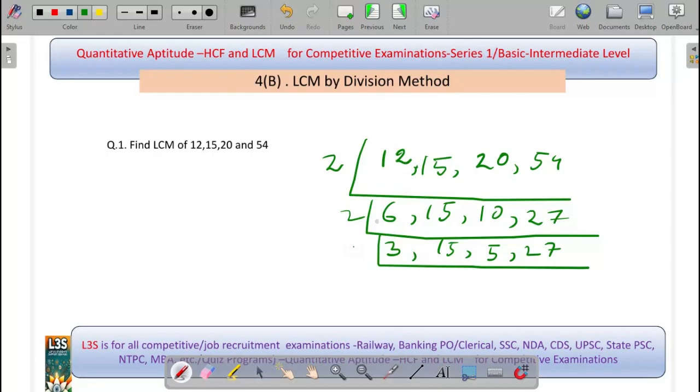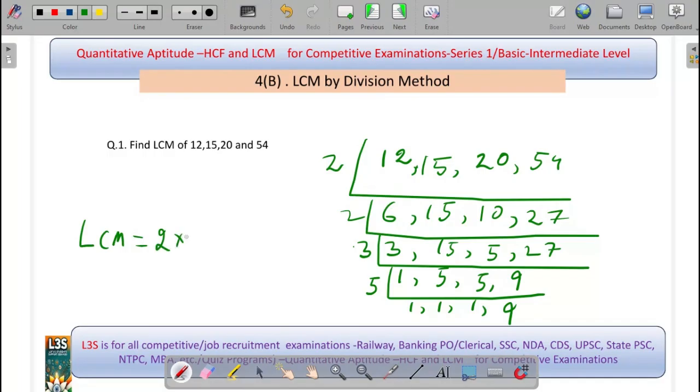Now we will divide by 3. This is 9. Now we will divide by 5. So LCM will be 2 into 2 into 3 into 5 into 9.